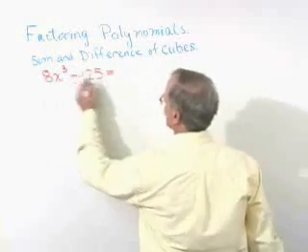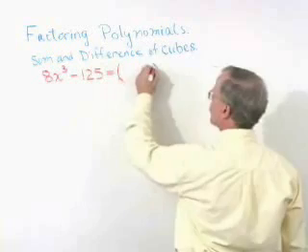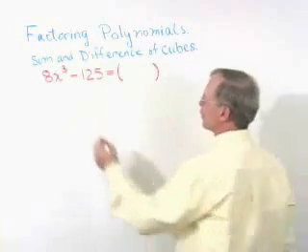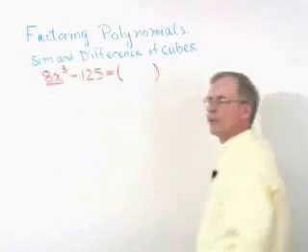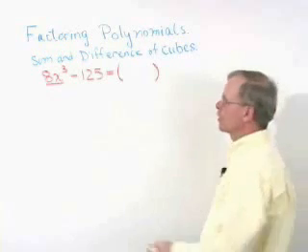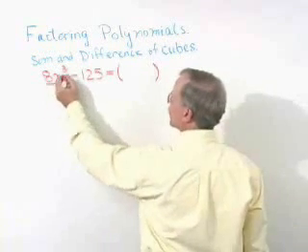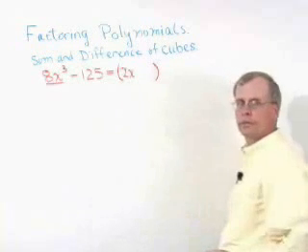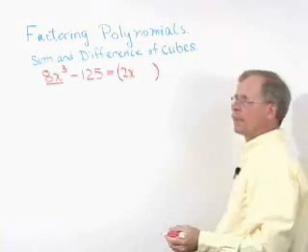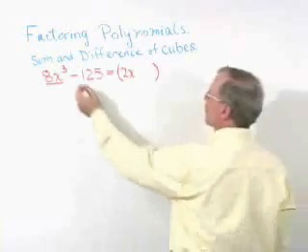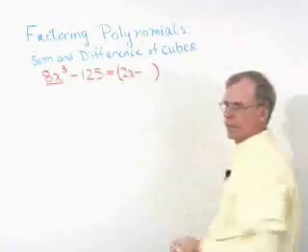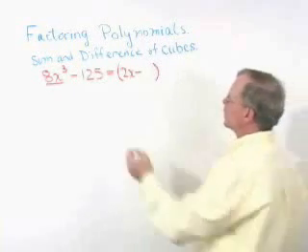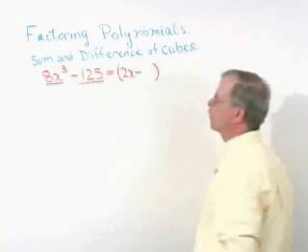The first thing you'd want to do is get a binomial. And a binomial includes the cube root of each of the terms. So the cube root of 8x cubed is 2x. Now you'll use this negative sign, put it there, and take the cube root of 125.